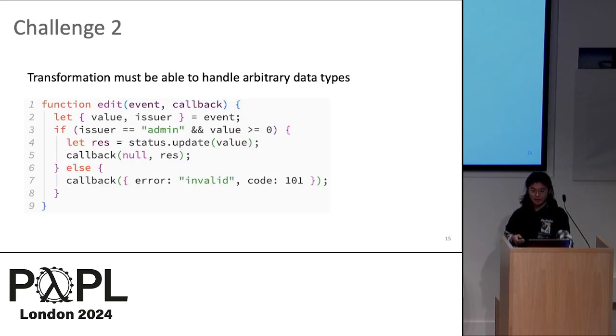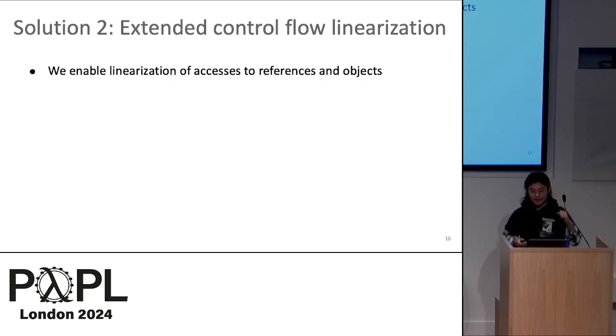The transformation must be able to handle arbitrary data types. For example, in a simple serverless function, one variable can be an object, integer, string, null, or undefined in different branches. So we extend the control flow linearization to enable linearization of accesses to references and objects.